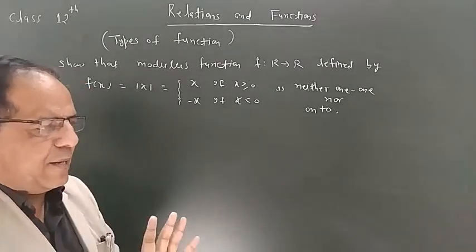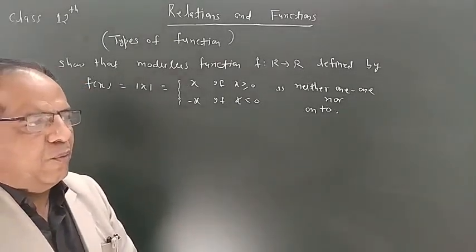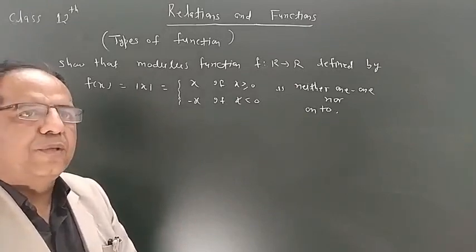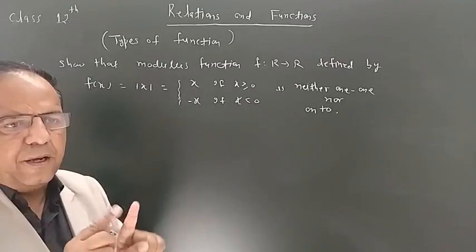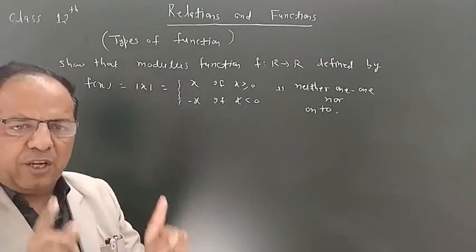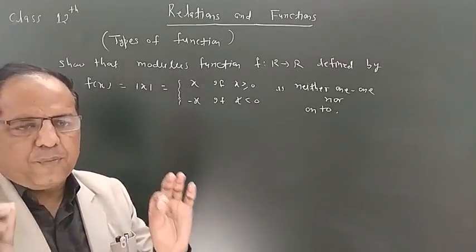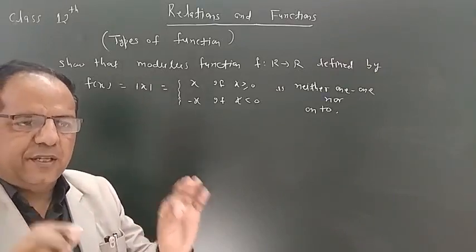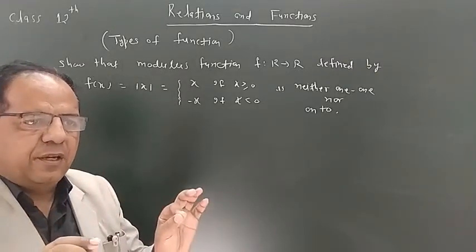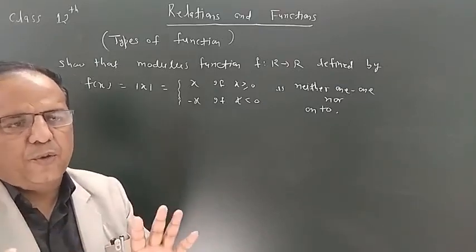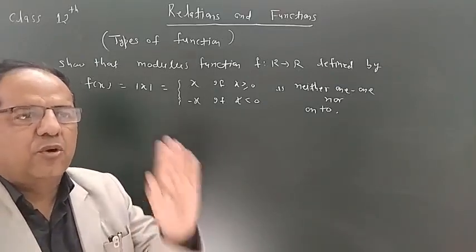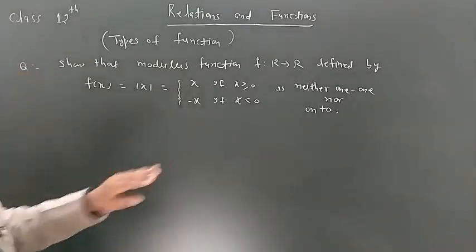The basic concept for proving whether a function is onto or not is that if the range of the function is equal to the codomain, the function is onto, and if the range is a proper subset of the codomain, the function is not onto. Now we start with one more problem.